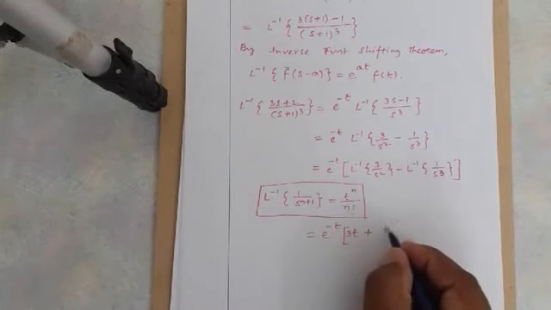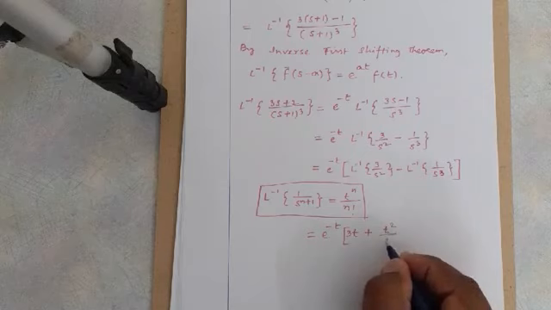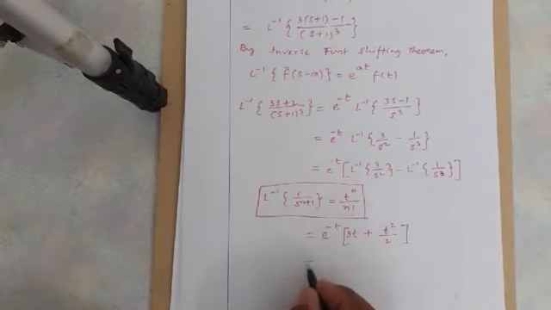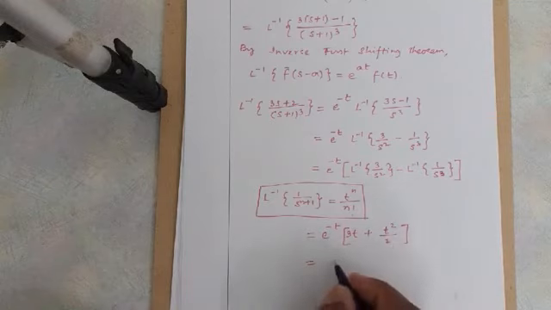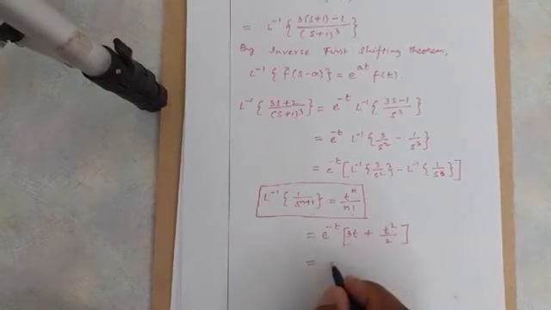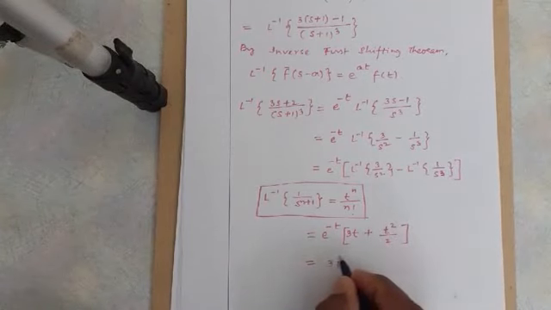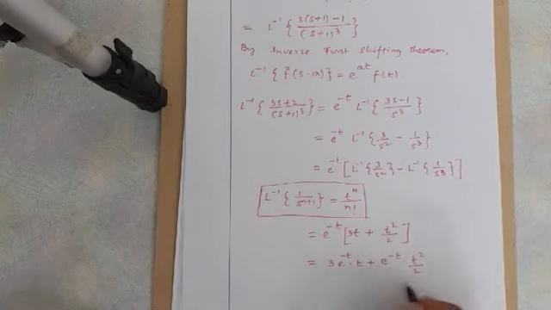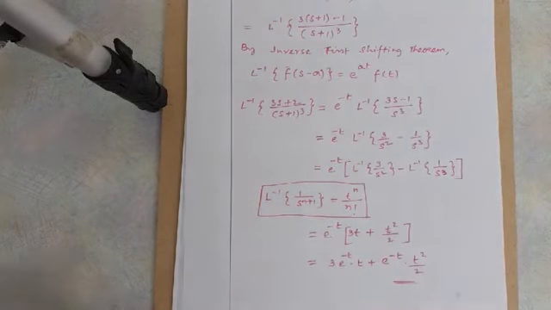T square by 2 factorial is t square by 2. So when you multiply with e power minus t, you can write the same step, that will be the answer. 3 e power minus t into t plus e power minus t into t square upon 2 is the answer for the given problem.